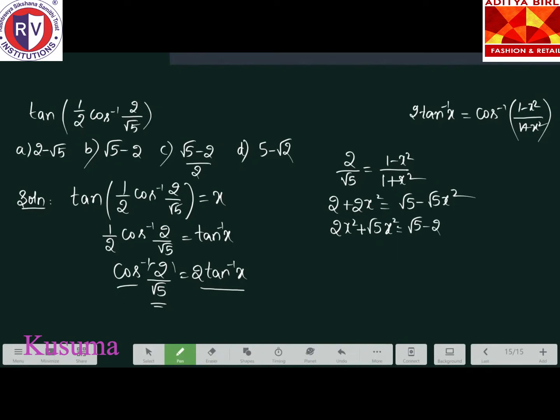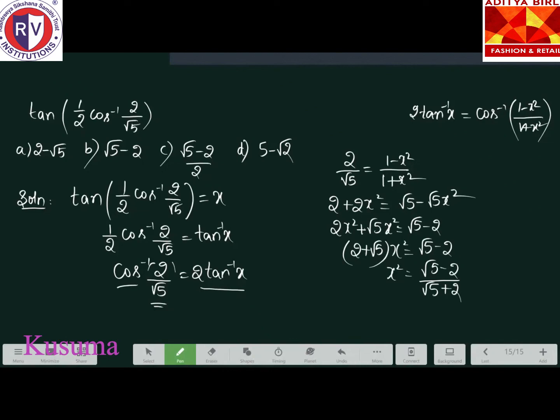So here it will be 2 plus root 5 into x square is equal to root 5 minus 2, or x square is root 5 minus 2 divided by root 5 plus 2.